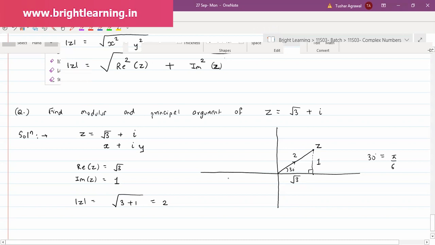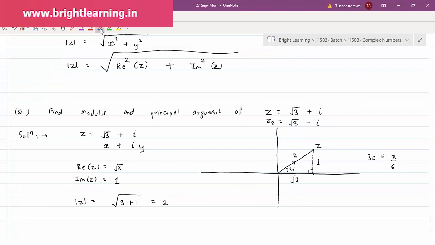Okay. If in case I would have given you z2 equal to root 3 minus i, I would have told you to find the argument of this z2. So, sir, how would z2 look like? z2 would look like this, yes or no?